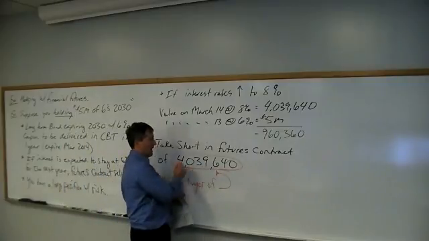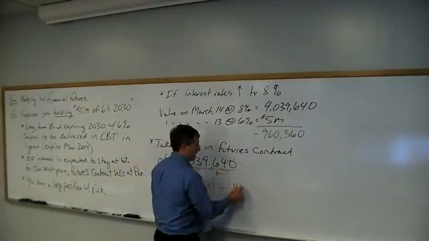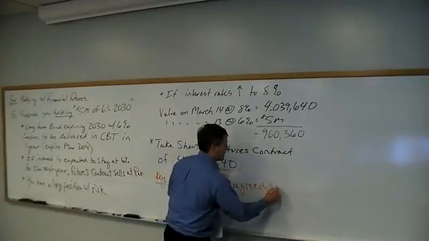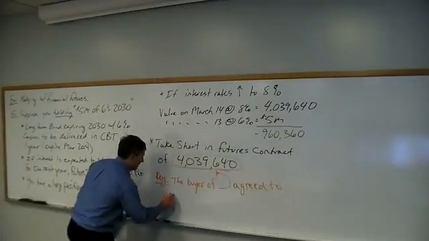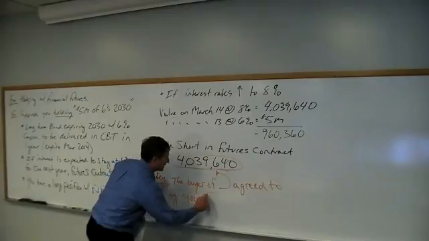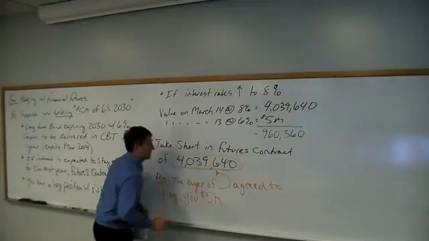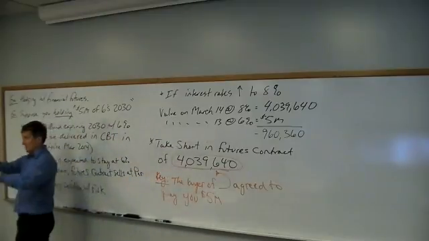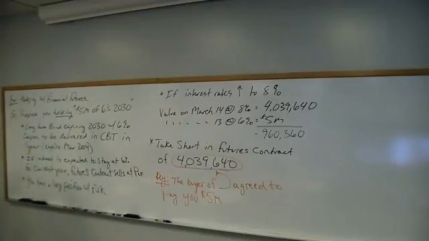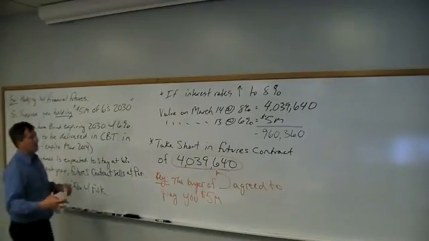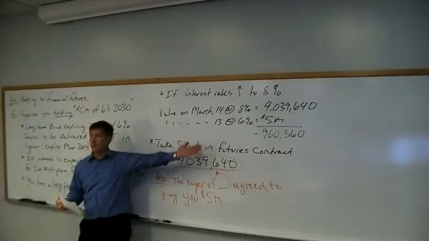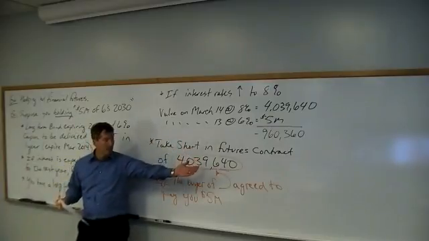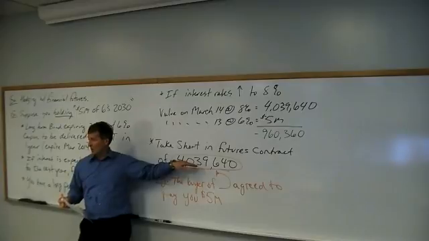The buyer of that contract agreed to pay you $5 million. And you have the goods to deliver to them, right? You're going to fulfill the future, you're going to give them the bonds, and they're going to pay you $5 million, even though the market value today is only $4 million.